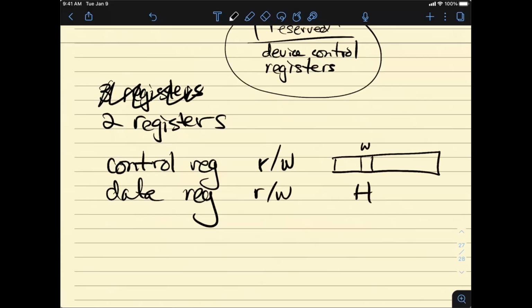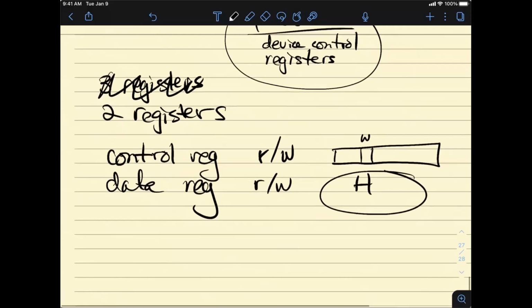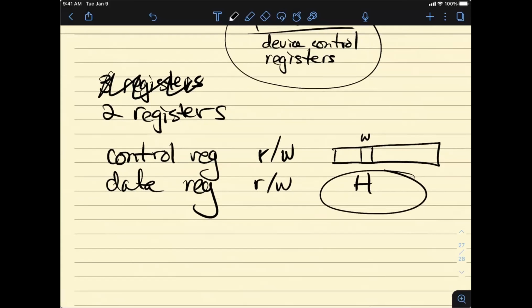If you turn that bit to a 1, whatever's in the data register is sent to the device. That's a reasonable, simple example. So if you read from the data register after having set the read bit, then you get something back.